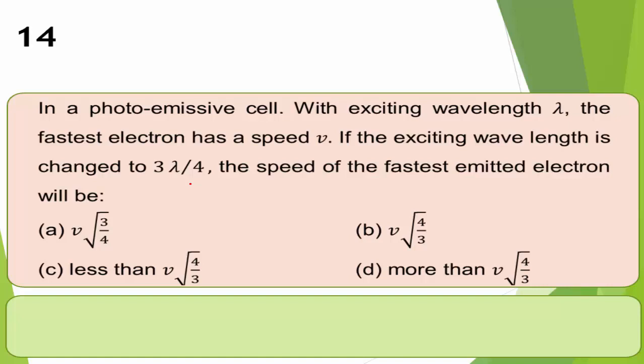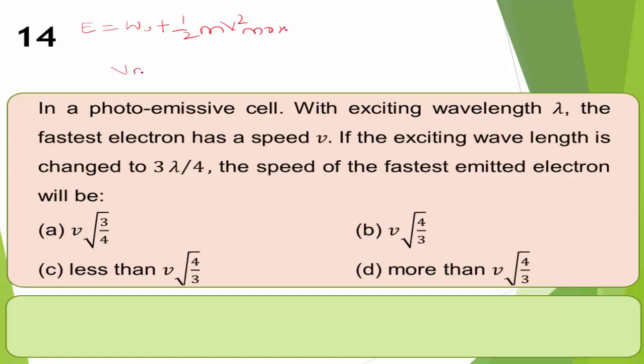Here, for the photoemissive cell with exciting wavelength lambda, the energy E is equal to the work function plus half m v square maximum. You know this form.